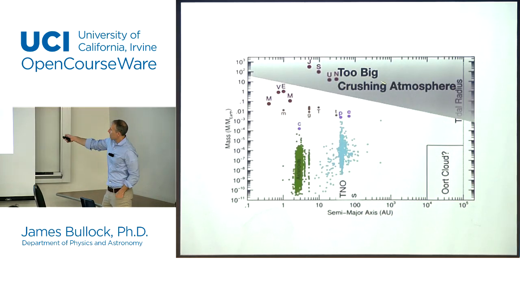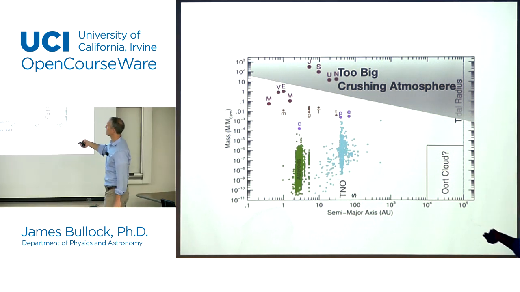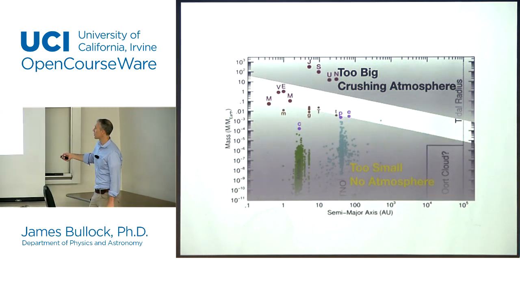Now, if you start thinking about the different kinds of atmospheres that planets can have, we think that if your atmosphere is way too big, that's bad for life, because the atmospheric pressure will be so big it will just smash things. So we think the atmospheres in these Jovian planets are probably too thick and too crushing.